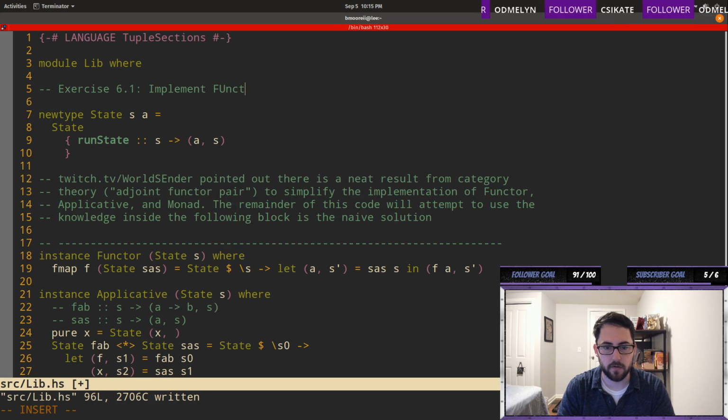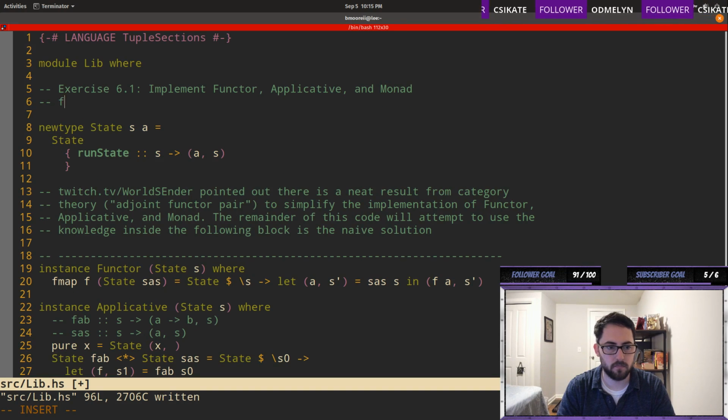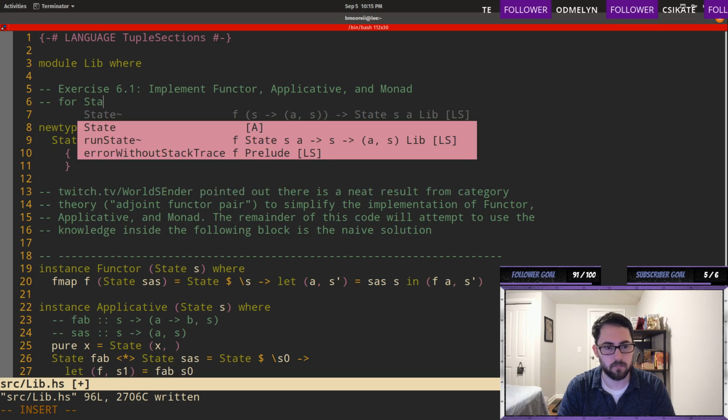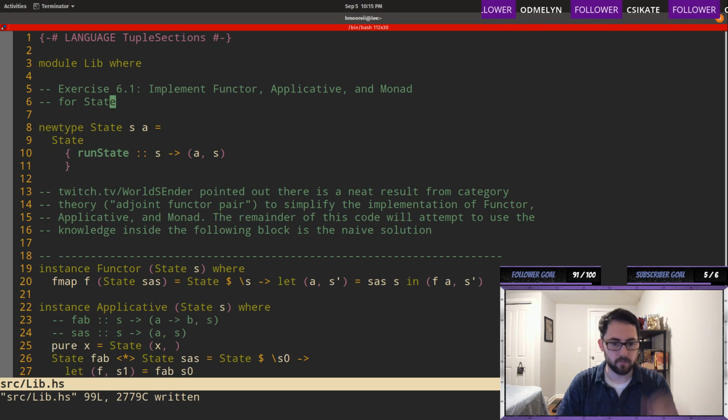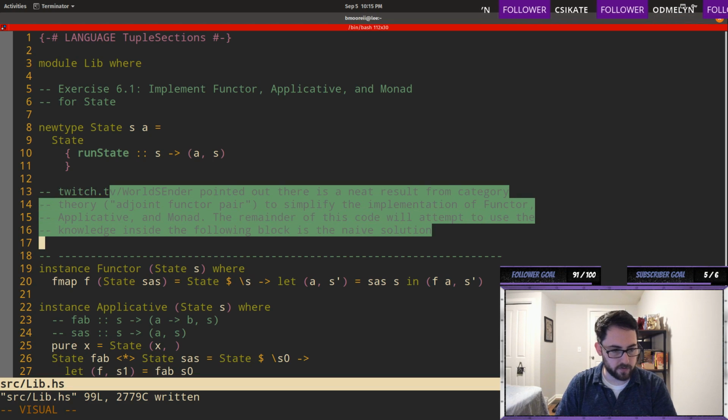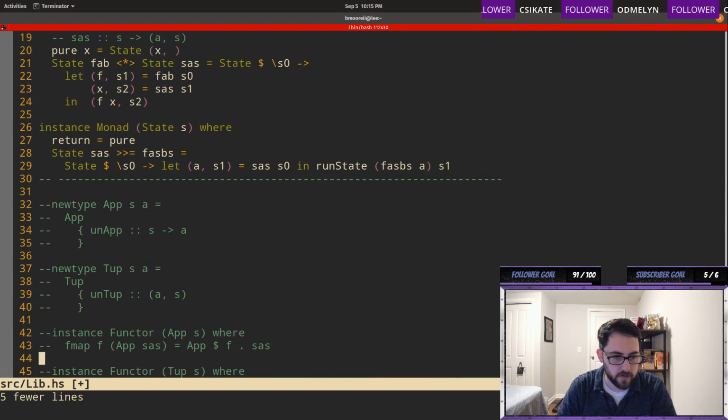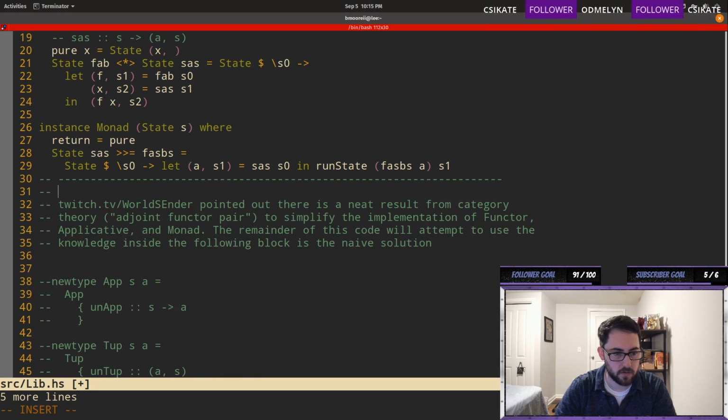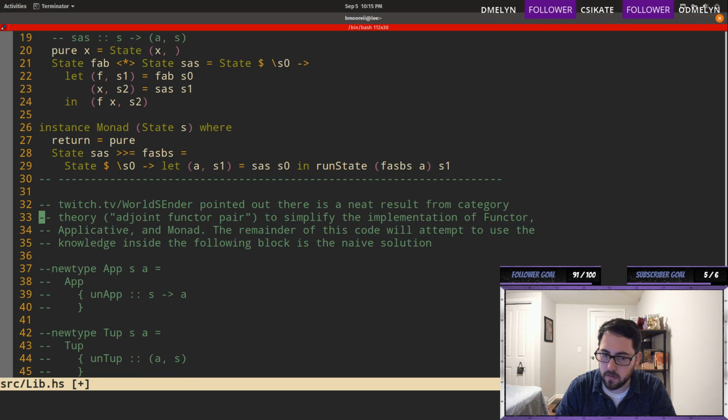Implement functor. Okay. So let's move this down here. It's not really simplify.